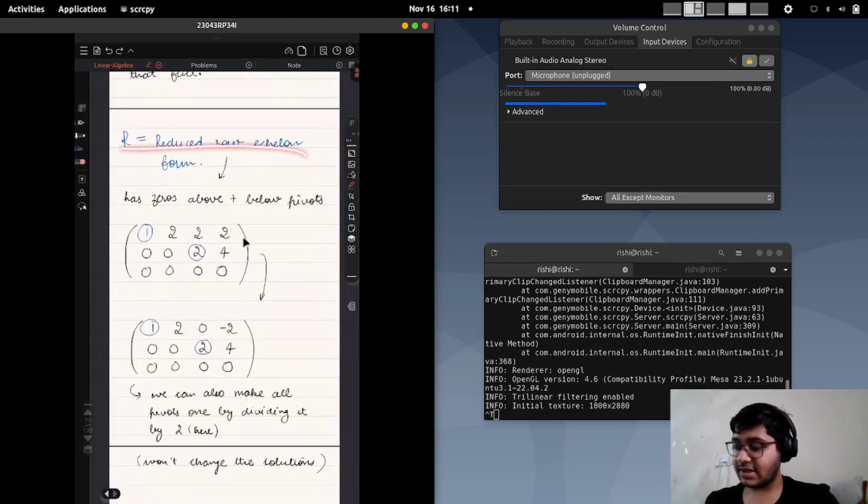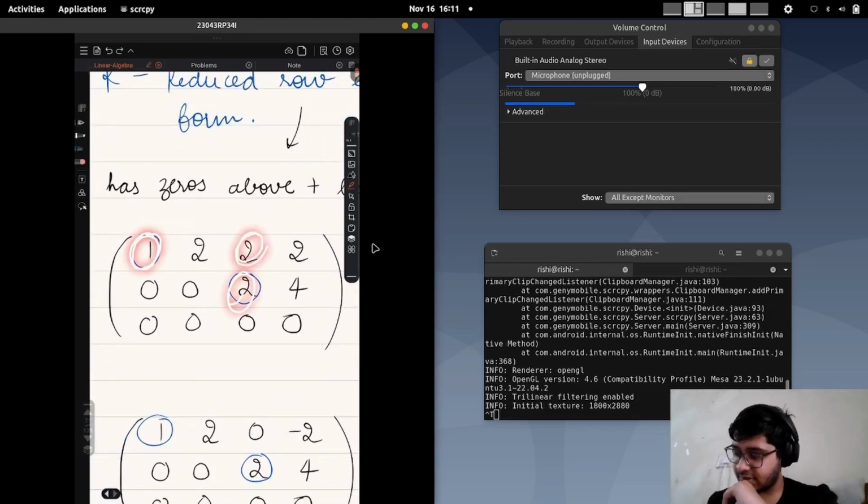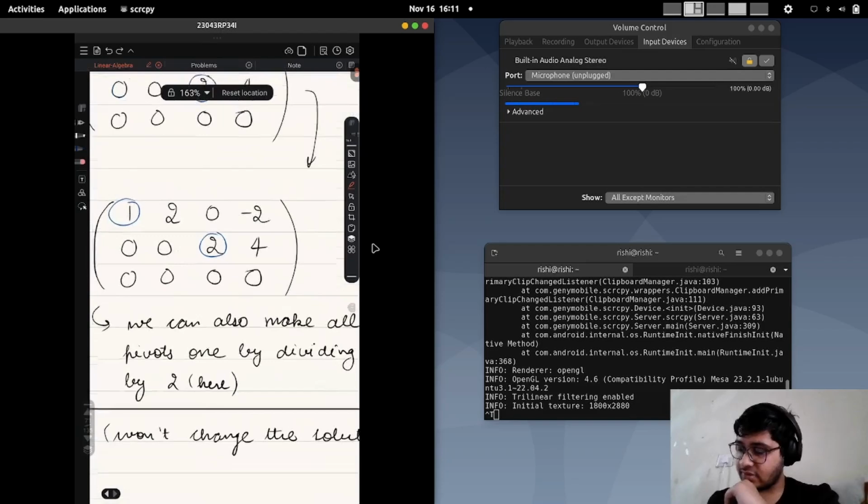Okay, so now if we have the echelon form, we can calculate the row reduced row echelon form. It has 0 above and below the pivots, so this should be 0, this should be 0 essentially.